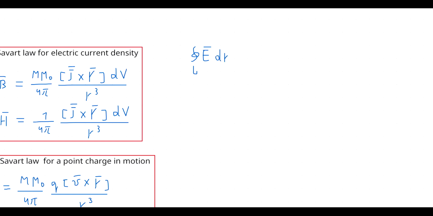I wrote dr in our previous lessons, but now I will change this to dl. It doesn't matter, but it is more useful in this case to write dl. And this integral for the electrostatic field is equal to 0.